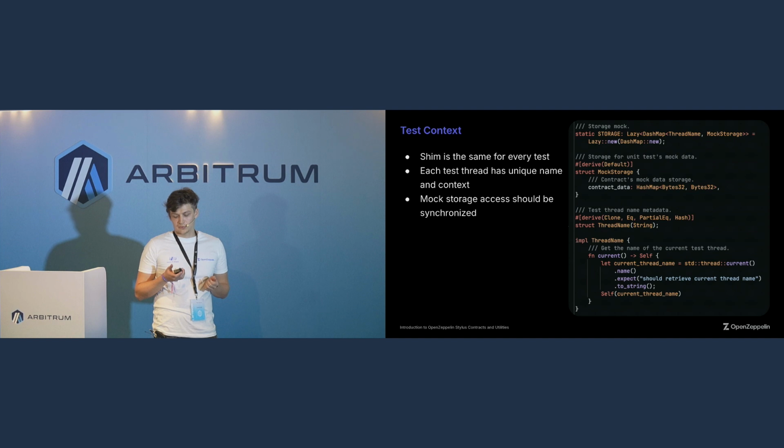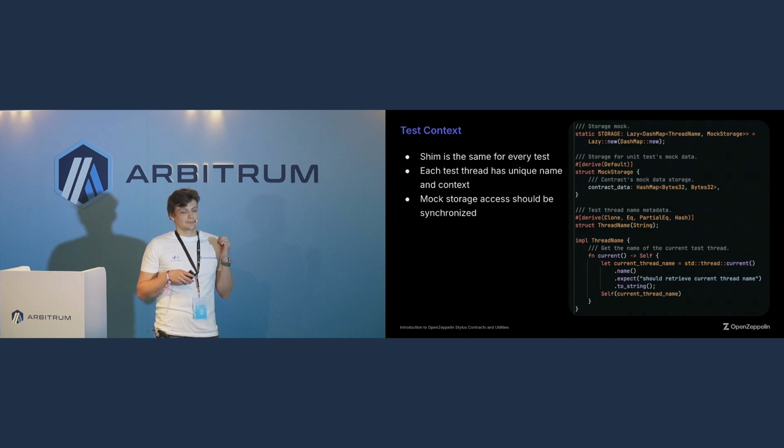Of course, you can use a mutex for this purpose and, for every test, store a set of mock data, mock storage, and also, for example, a mock value or mock address that's going to execute the transaction, or how much Ethereum you're going to send.